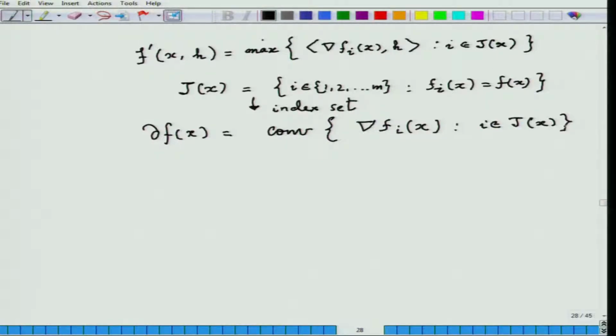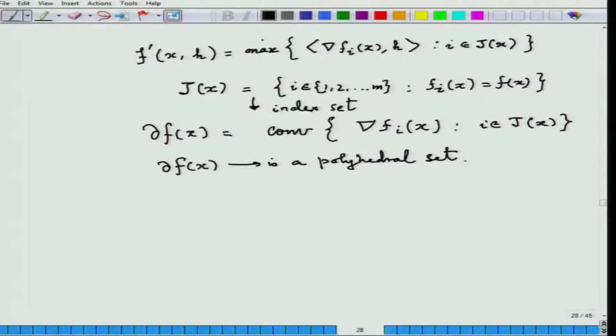So you take a few elements and take a convex hull. So this set del f of x of a maximum function is a polyhedral set, which is quite interesting in its own account.